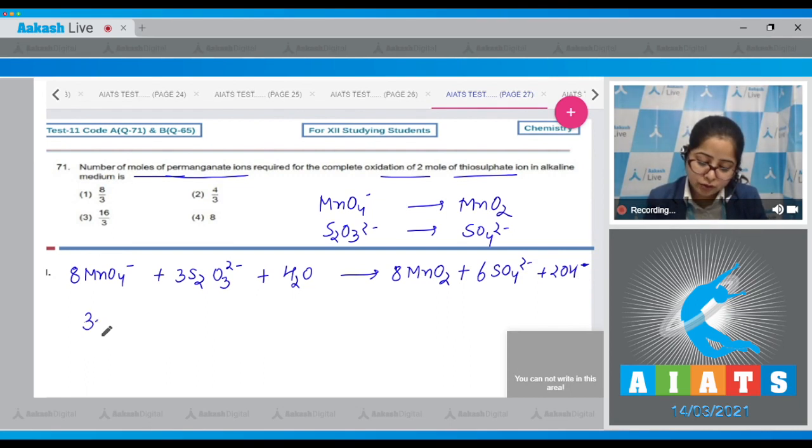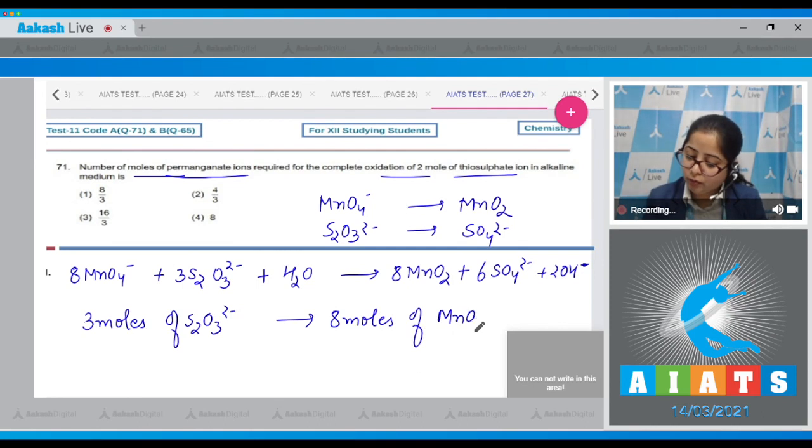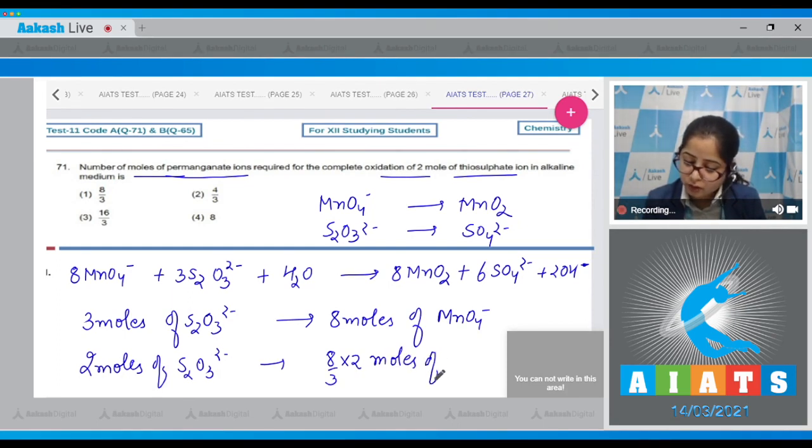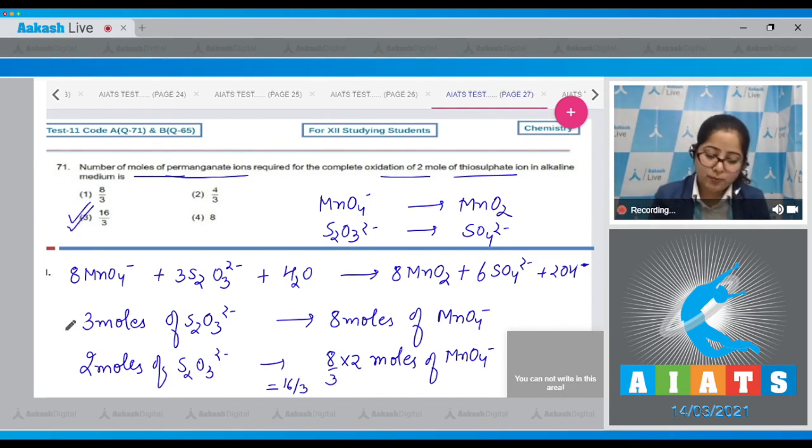So, for 3 moles of S2O3 2 minus, 8 moles of MnO4 minus are required. So, for 2 moles of S2O3 2 minus, 8 upon 3 multiplied by 2 moles of MnO4 is required. That means 16 upon 3 moles. That means the correct answer is option number 3.